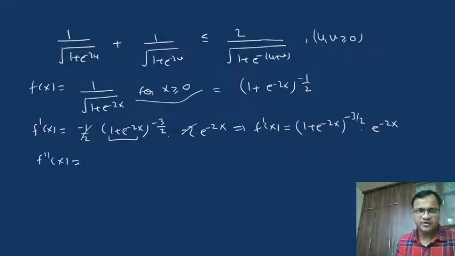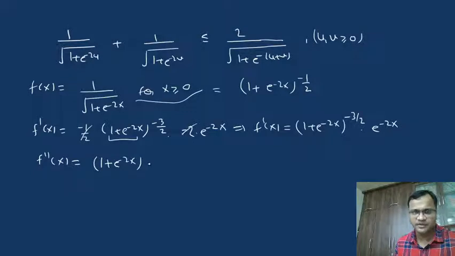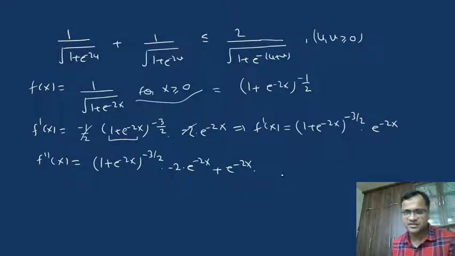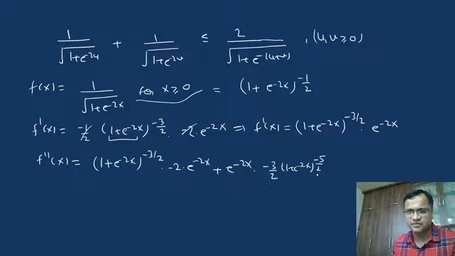Okay, now if we talk about the second derivative, then we have to apply the product rule. First function as it is into the derivative of the second, minus 2 times e raised to the minus 2x, plus second function as it is into the derivative of the first, minus 3 by 2 (1 plus e raised to the power minus 2x) raised to the power minus 5 by 2 into minus 2 e raised to the power minus 2x. This minus 2 cancels out from here.